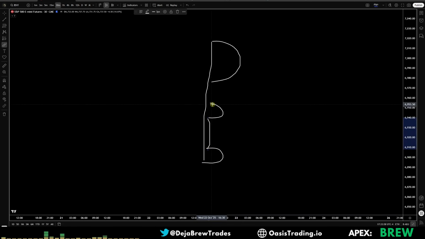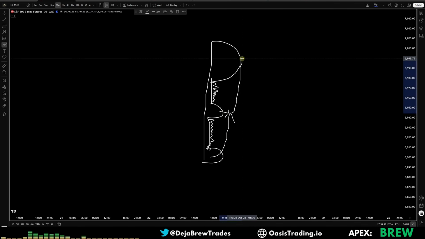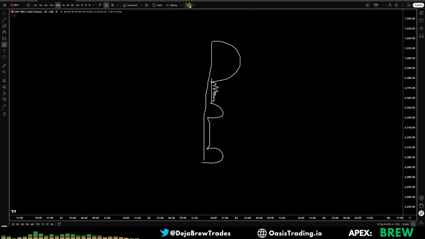Now, in between these big nodes, there are obviously smaller nodes because price has to trade in that general area to get from one point to the other, unless there is a gap, which we'll talk about in a little bit. But if there is not a gap, if price is moving continuously from one node to another node, and it creates a profile that looks like this, then there have to be some smaller nodes in between those two larger nodes.